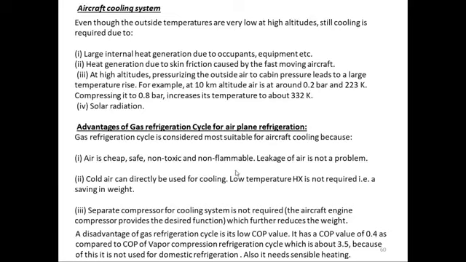If you use air as a refrigerant, these are the advantages. Leakage of the air is not a problem, it will not cause any poison or any kind of rusting. That's why it is safe, so we can use air as a refrigerant.